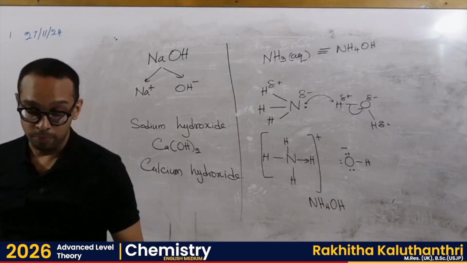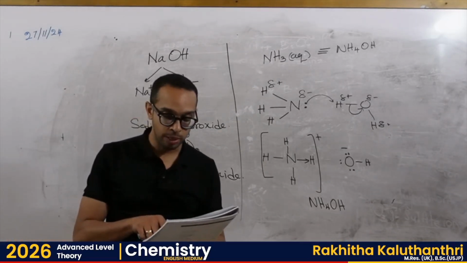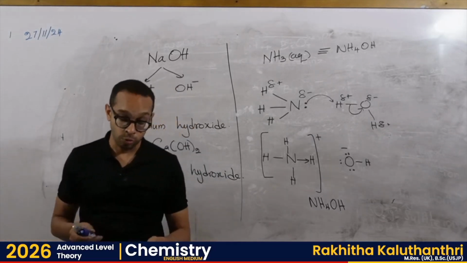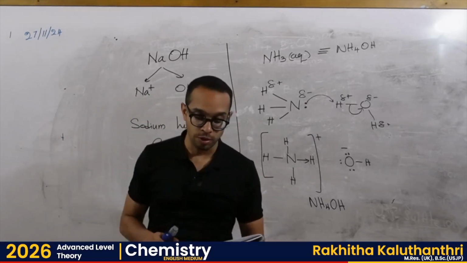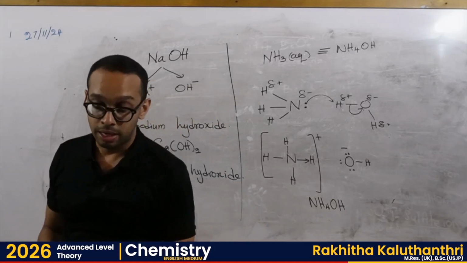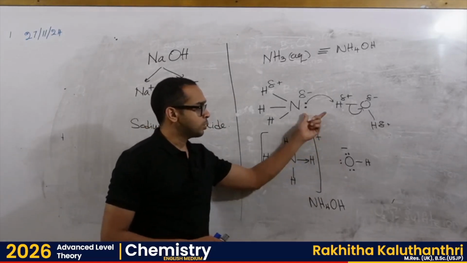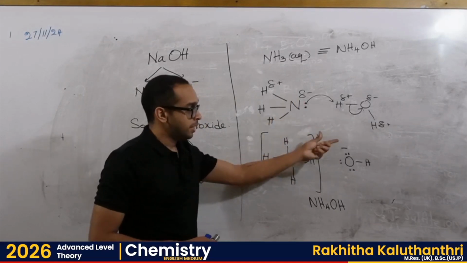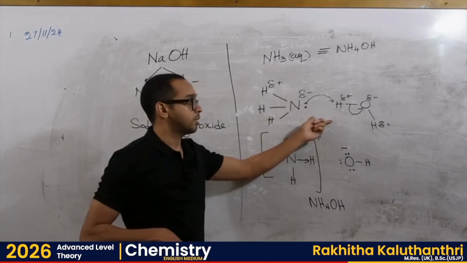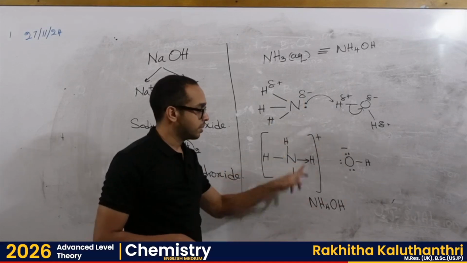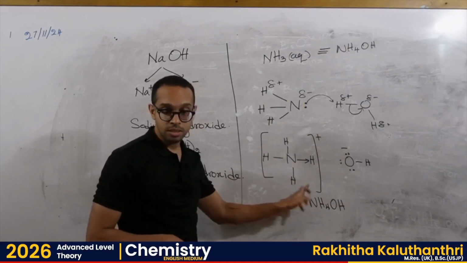Despite not containing hydroxide ions in structure, ammonia yields NH4 plus ions and hydroxide ions when dissolved in water, aligning with the base definition, meaning it acts as a base. If you want further explanation as to how ammonia turns into ammonium hydroxide, take this diagram down, please. This and this, this and this.